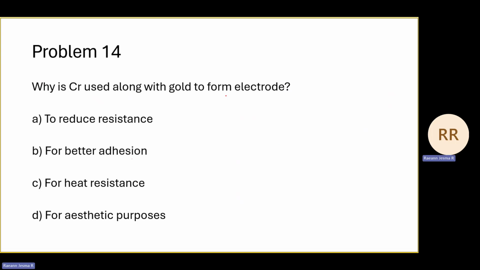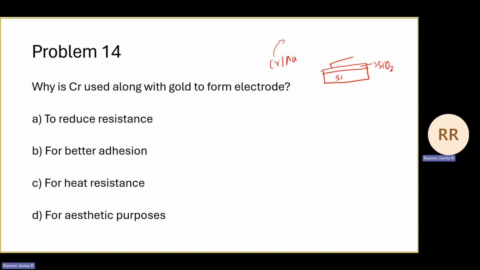In the previous problem also you saw that we were trying to do some evaporation where we are having chrome and gold. The first layer is the layer that is deposited first. So let's say we are having some silicon and SiO2 substrate, and we are depositing chrome gold.